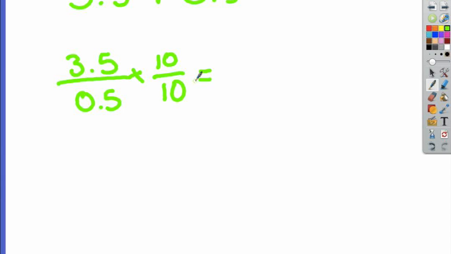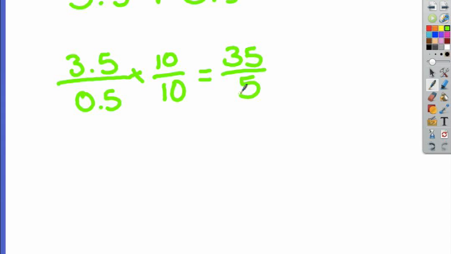And all that does is gets me from 3 5/10 to what number? Because I need to get out of the decimals. Alexis? 35. That would give me 35 on top, and what number would I have on the bottom? Ruth, do you know? What would it give me on the bottom? 5.